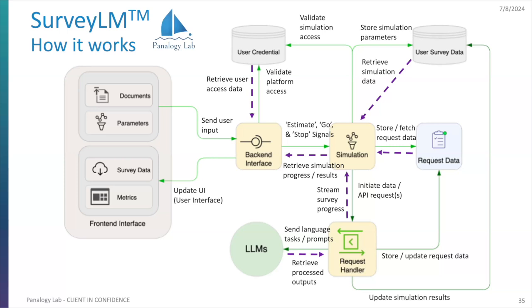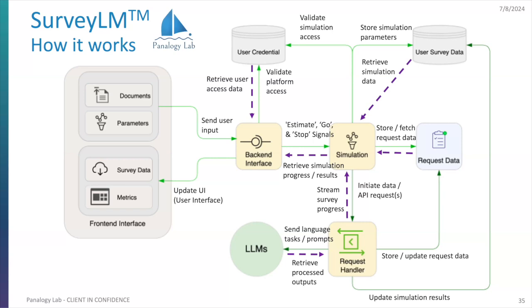Users, you've got your documents. Maybe it's a survey file, a CSV file with question and answer instructions. Maybe you also have some agent context that you feed in with the CSV file. They go in the documents part. Maybe you have some parameters that you set, the specific model that you're using, the temperature, things like that.